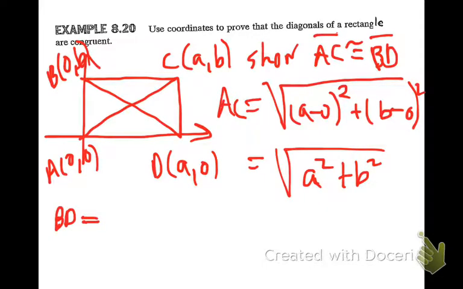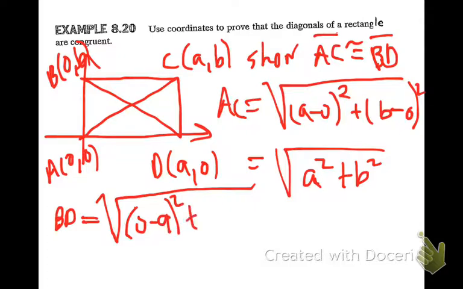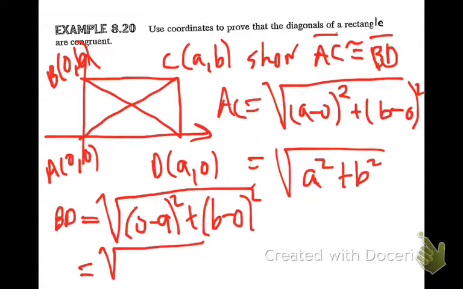BD is equal to the square root of 0 minus A squared plus B minus 0 squared, which is equal to the square root of A squared plus B squared.